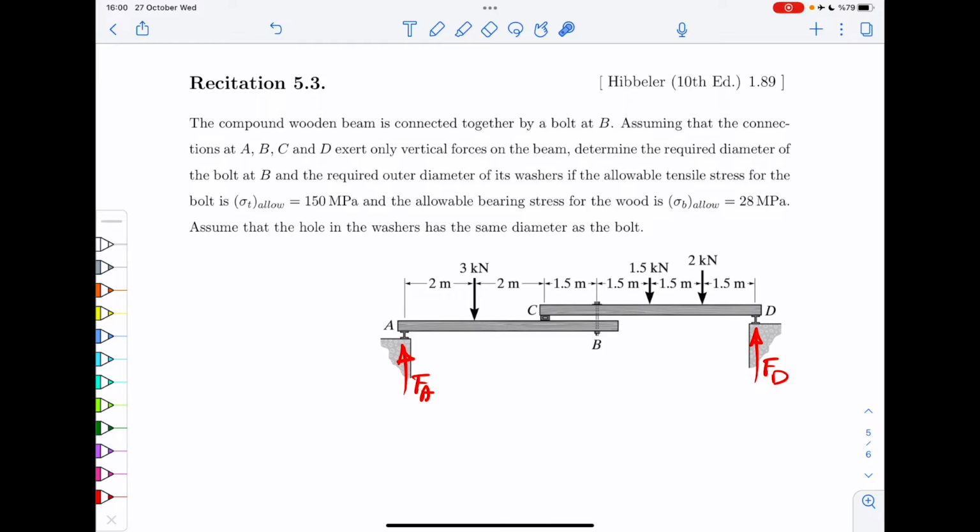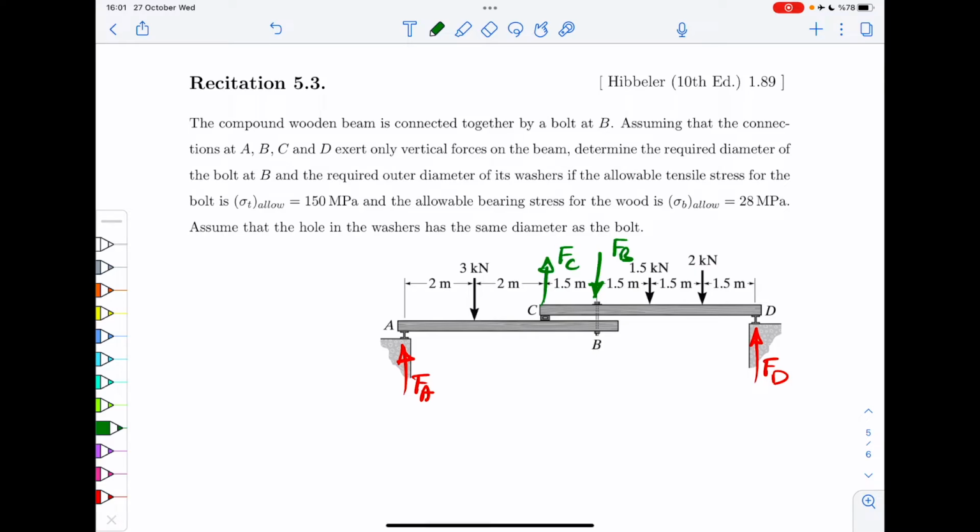Okay? So that's the idea. What we want to do is to basically take this thing into two parts, take it apart, and then write equilibrium for each of those separately. So let me just draw it like this. For the upper part, let's assume this is FB, and this is FC.